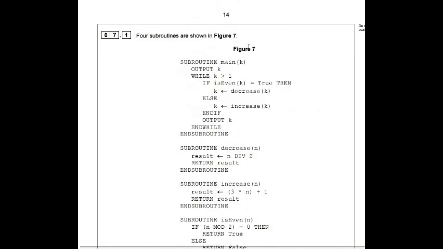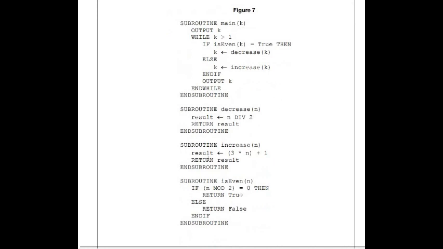Right, part 2. We need to describe how a developer has used the structured approach to programming in figure 7. So you have 2 options and there's loads. The developers use parameters and they've used return values. If we go back up to the subroutines, you can see that they've used parameters, return values, local variables, and they've created interfaces to the subroutines.